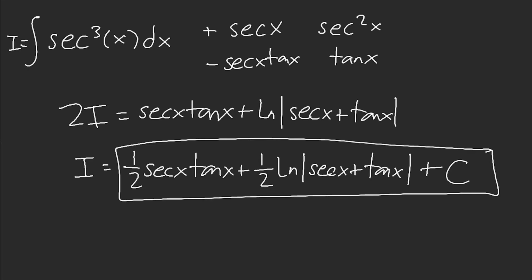And you're done. All right, so very tricky. In fact, this integral is evil. It's a nightmare to a lot of Calc 2 students. But yeah, recursions. So very tricky.